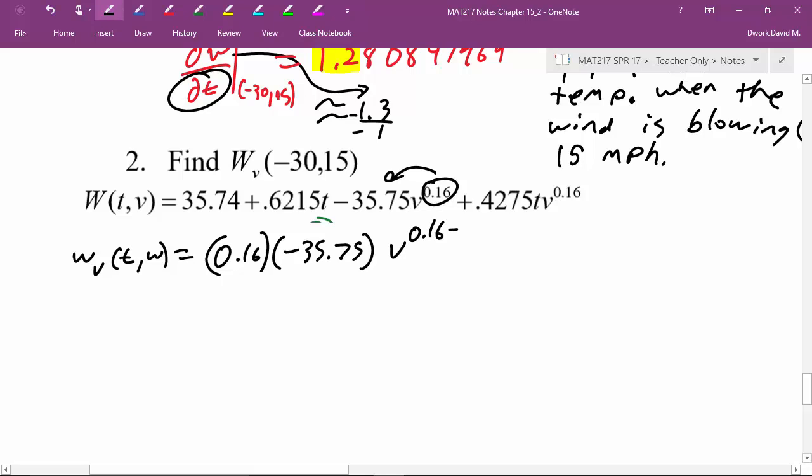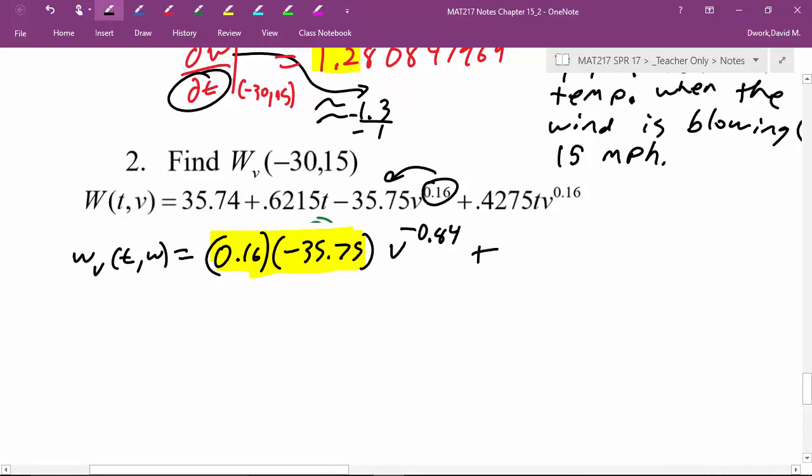That's 0.16 minus 1. There we go. That's a little different. And so what does that come out to? Well, 0.16 minus 1, that is negative 0.84. So this exponent just comes out to be negative 0.84. And that's it. Now, you can simplify these values if you want. Just pop them in your calculator and you can write them out as a single number.